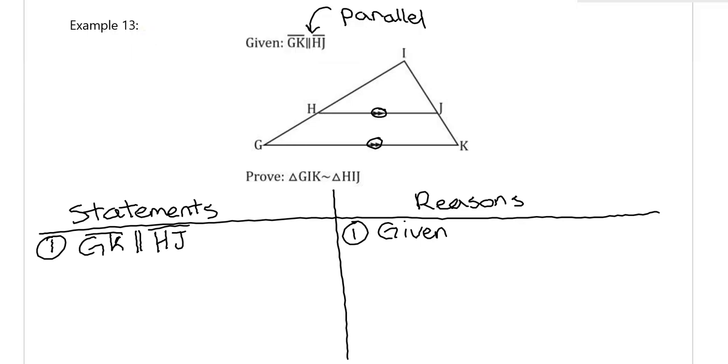All right. Next, what can I say? Well, remember, when we have parallel lines, we have angles that are congruent. So angle IHJ is congruent to angle IGK.